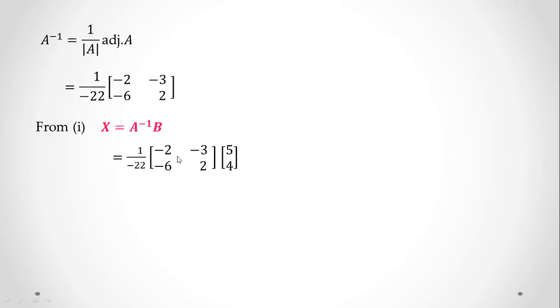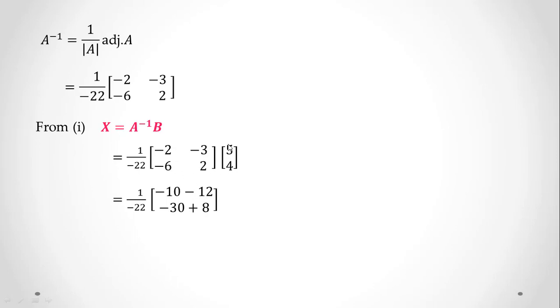Just take the multiplication between this matrix and this matrix. You know how to take the multiplication. First row into first column: minus 2 into 5 is minus 10, then minus 3 into 4 is minus 12.